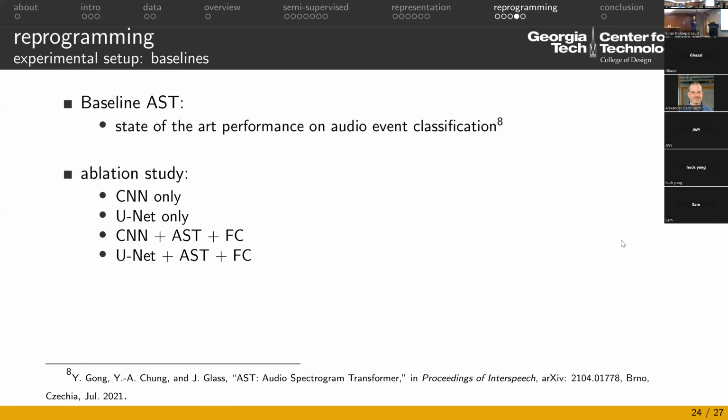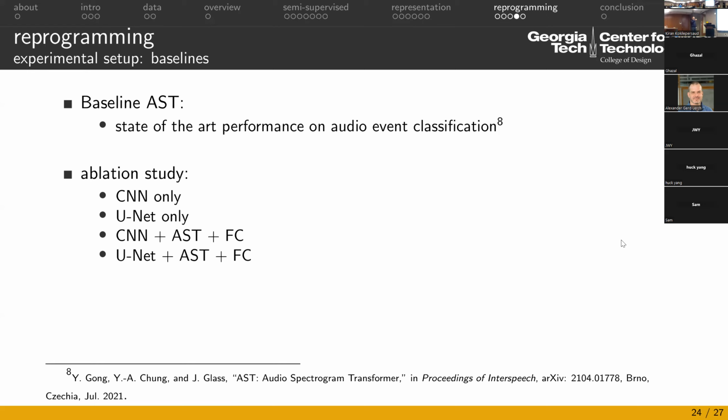We have just a normal CNN. Then we have a U-Net. I should have revisited this publication. But then we have our actual reprogramming where we do the AST as the black box model.